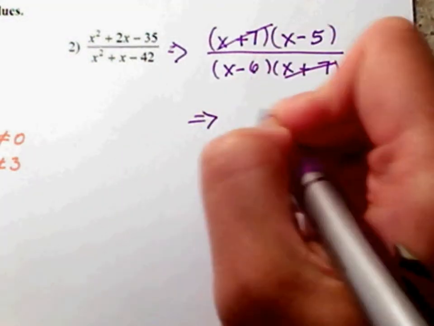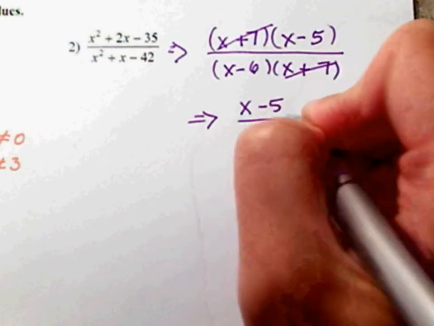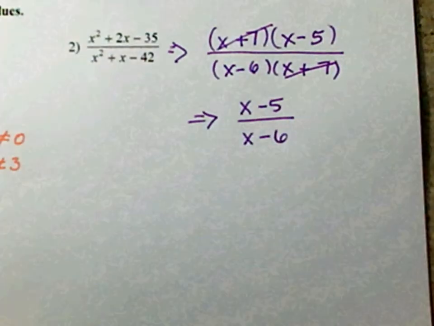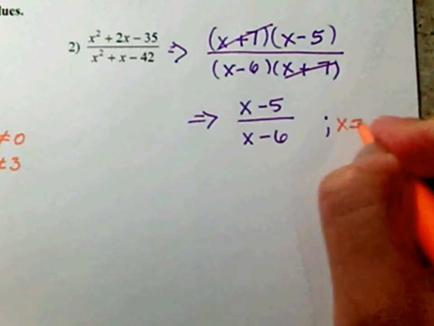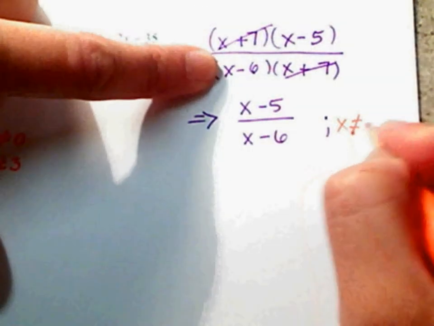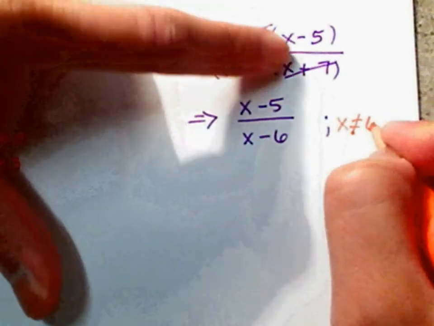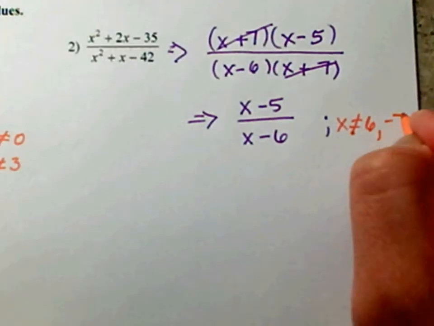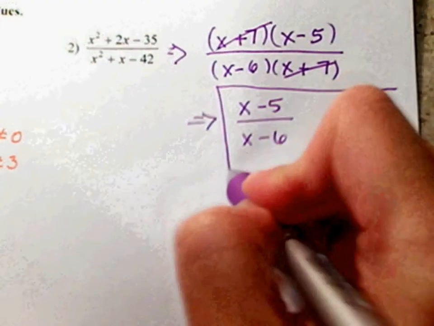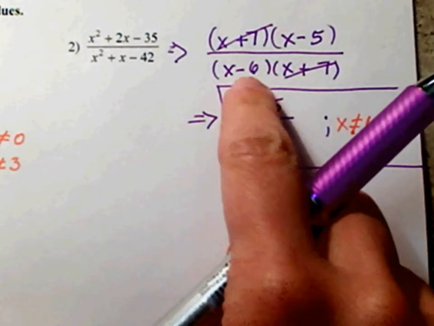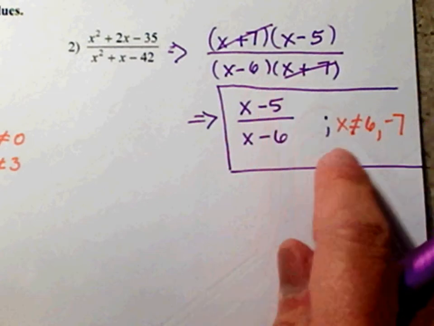So your final answer is x minus 5 over x minus 6. And x cannot be the opposite of negative 6, positive 6, the opposite of positive 7, negative 7. There's your answer for that one. You can set each one of these equal to 0 as well to solve for it.